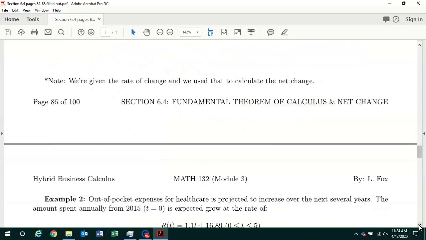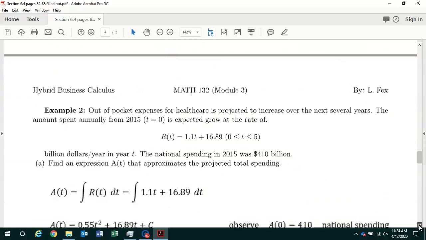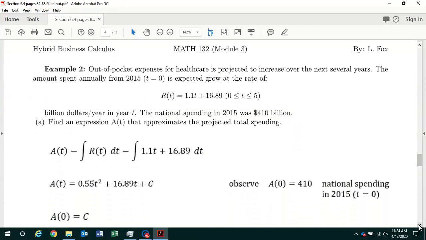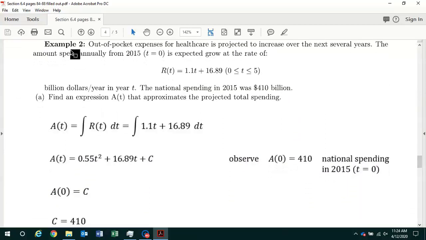All right, so if we flip over to the next page, page 87, in example 2, you're given out-of-pocket expenses for health care is projected to increase over the next several years. The amount spent annually from 2015 is expected to grow at the rate of R of t here.